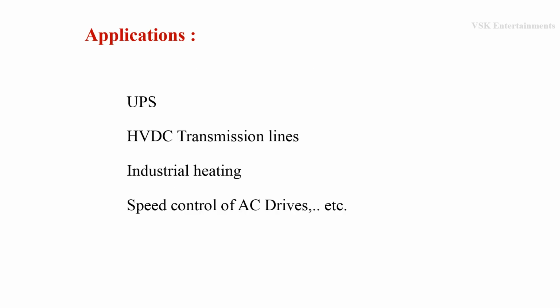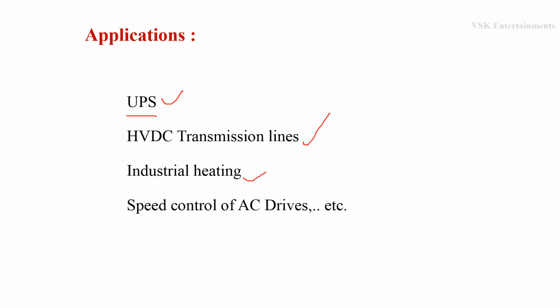Coming to applications, inverters are commonly used for getting reliability in supply. That is, the first application is in UPS, that is uninterrupted power supply. We are using the inverters there, and the second one is the HVDC transmission lines. In this also we are going to use the inverters for converting one input parameter to another output parameter, and in industrial heating also we are going to use the inverters.